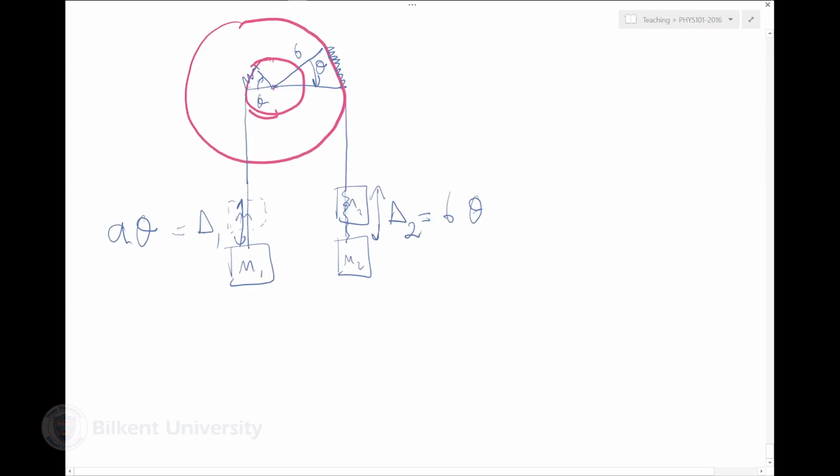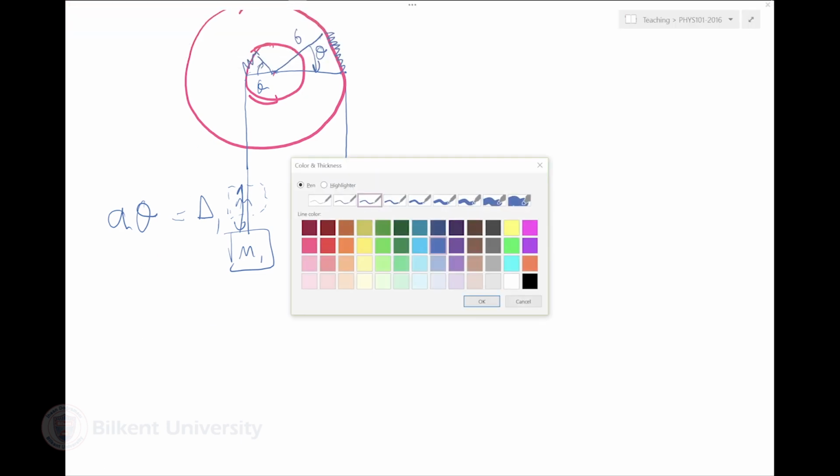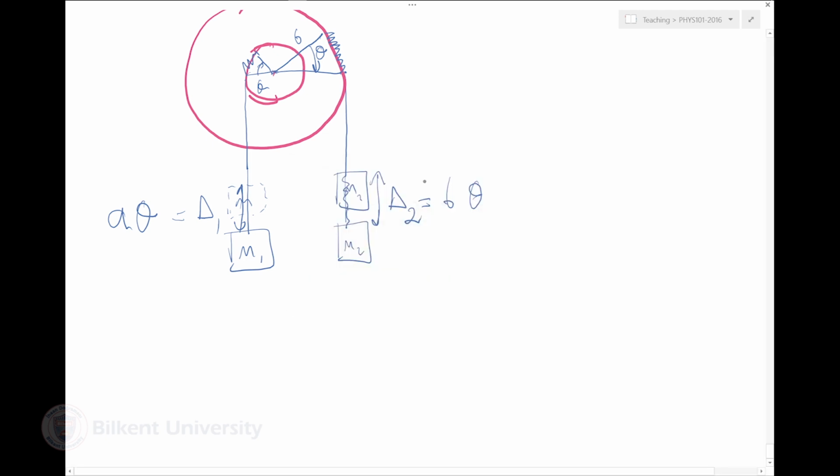If I take two time derivatives of delta 2, what do I find?